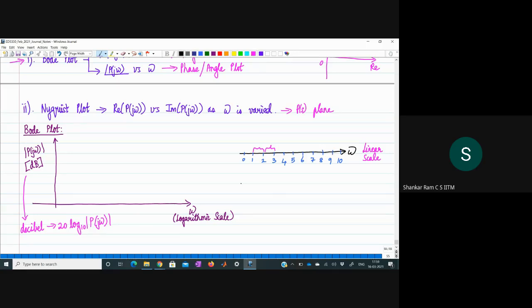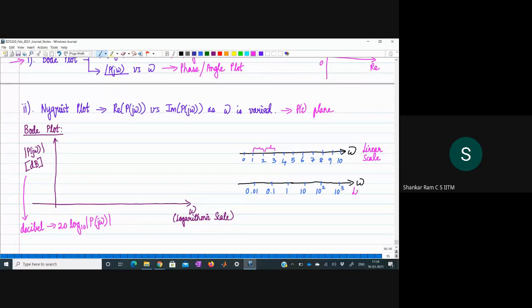Now, if I were to have a logarithmic scale for frequency, what is this logarithmic scale? Imagine a scale where equally spaced markers have the same ratio when divided by one another. Let's say we start with 0.01, 0.1, 1, 10, 10 squared, 10 cubed, and so on. This is a logarithmic scale.